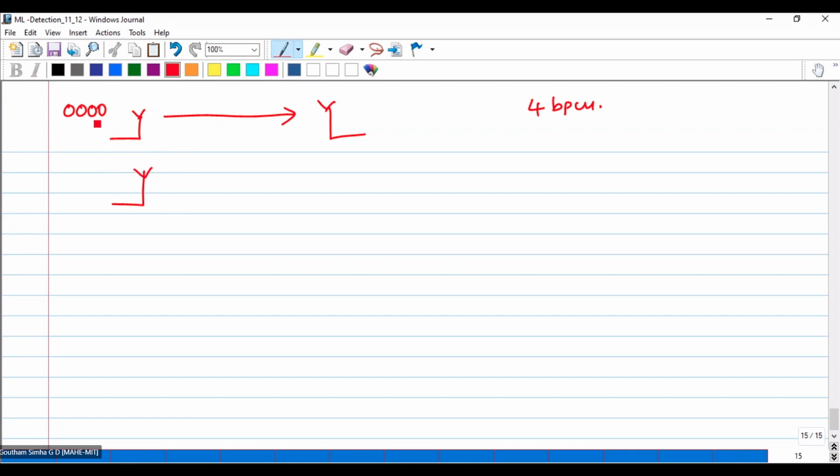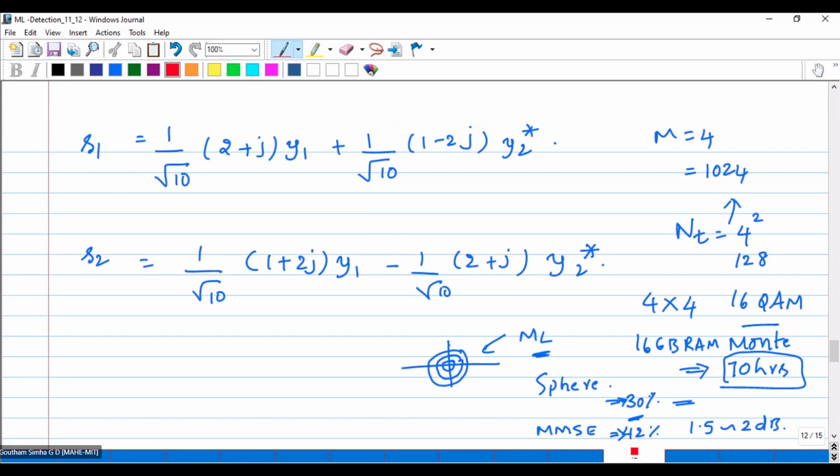If you want reliability, you get reliability that way. There are different ways of doing all these things. And one more thing: what happens if you do all these things? I'll go back to Alamouti to give an example.